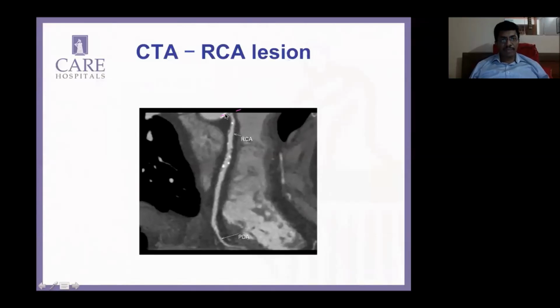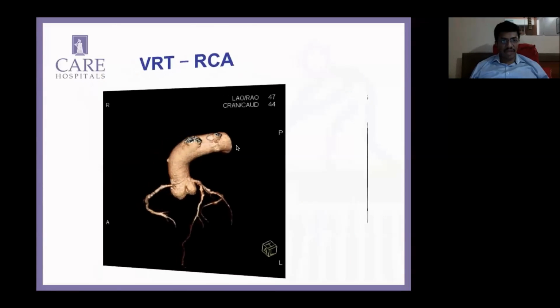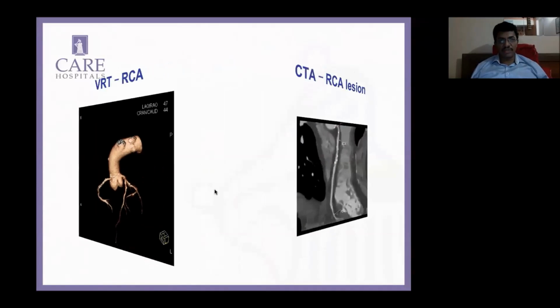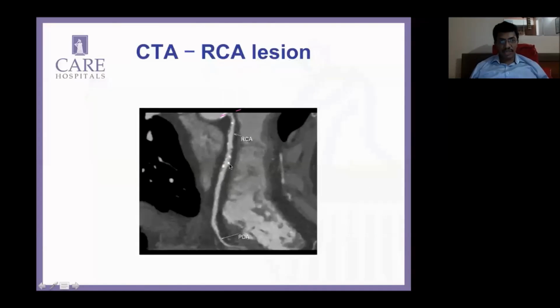And to my surprise, this patient had a very significant ostioproximal partially calcified plaque with some lipid areas here, fairly significant. You can see that even in the VRTs, it's quite a shocker to me actually. And that is also possibly the reason why he was grafted in the first place. So the rest of the RCA, as you saw rightly, was nice, normal, little bit ectatic segments, a sprinkling of calcium all over, but a very significant ostioproximal lesion.